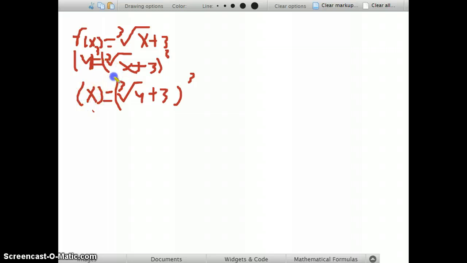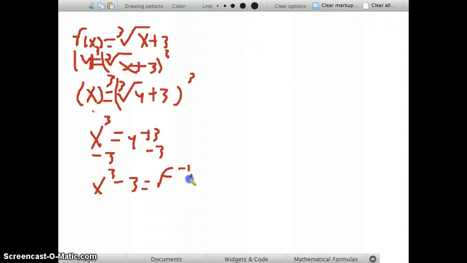Cube on both sides. x cubed equals y plus 3. So before here, it's important that I interchange the x and y. I simply forgot. And then minus 3, minus 3. That would give me a whole different answer. Minus 3 equals out to f negative 1 of x.